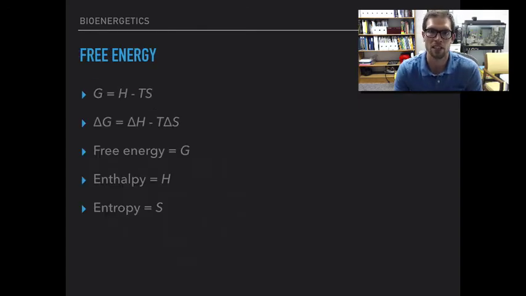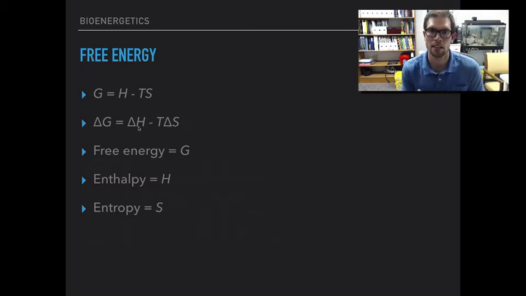Now, all of this can actually be measured, and we use something called free energy as a measure of the energy available in a system to do work. So free energy is essentially the energy to break and form other chemical bonds. We denote free energy as G here, and we can relate the change in free energy to a change in enthalpy, which is delta H minus temperature times delta S, so the change in entropy.